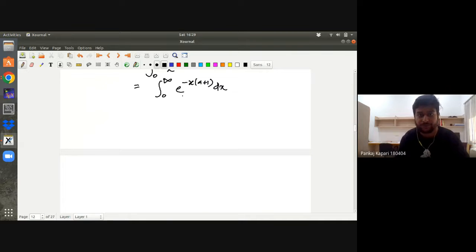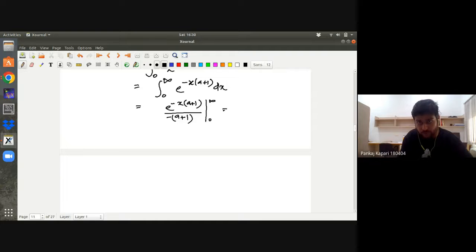So what is the integral of this function? The integral of an exponential function is just itself, right? But we have to divide by the factor a plus 1, which comes with a minus sign, and then take the limit from 0 to infinity.